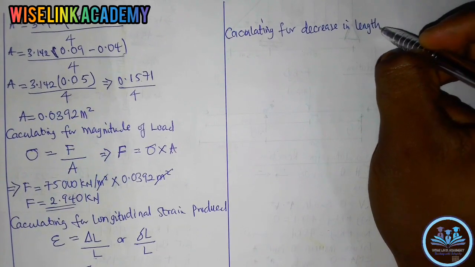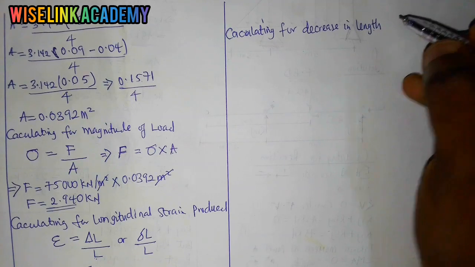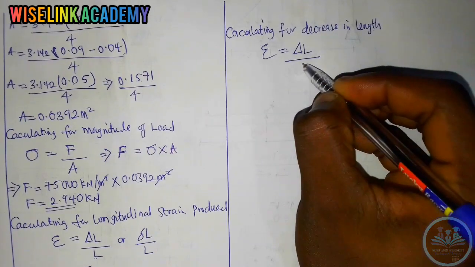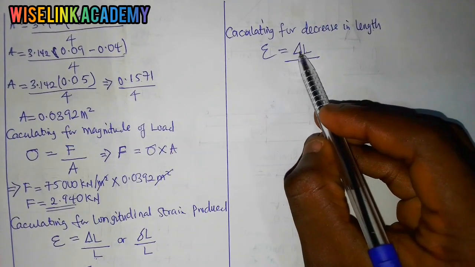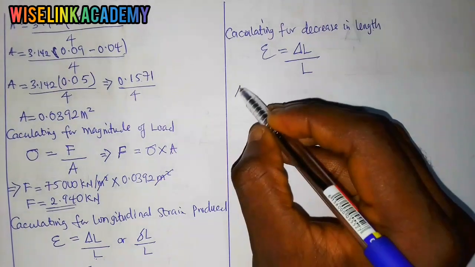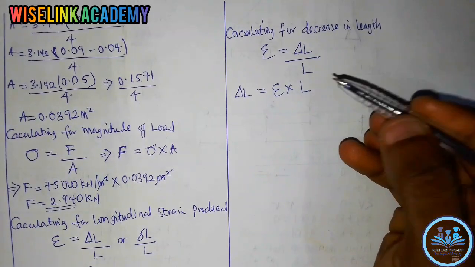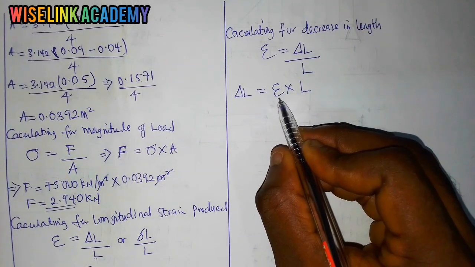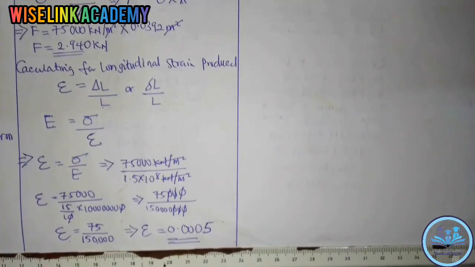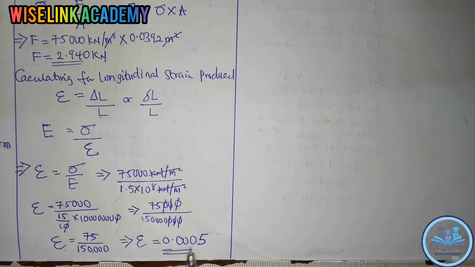You know that our decrease in length is from this formula, that is strain is equal to change in L over L. I can now make change in L the subject of the formula. Change in L is equal to strain times our length. And we have successfully got the value of our strain. Let me show you this value, so you apply it there.